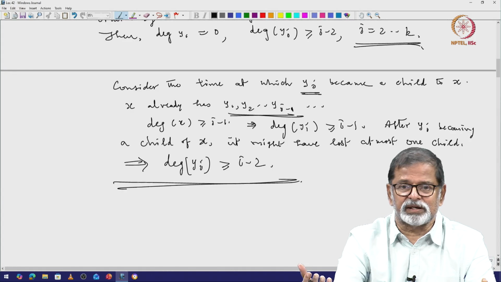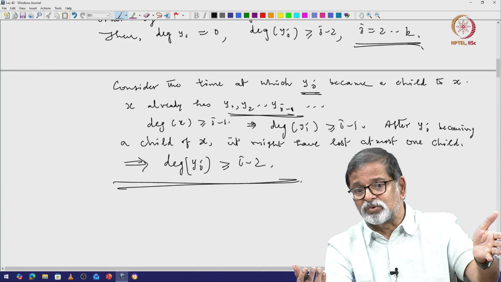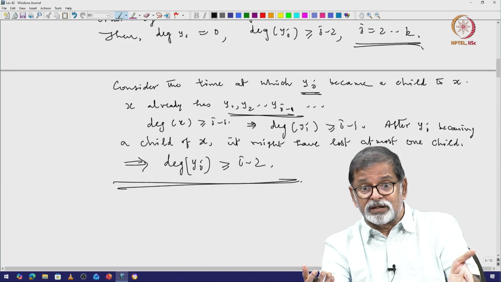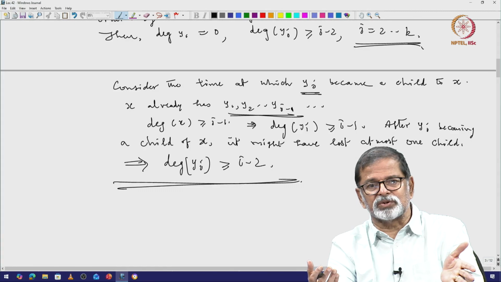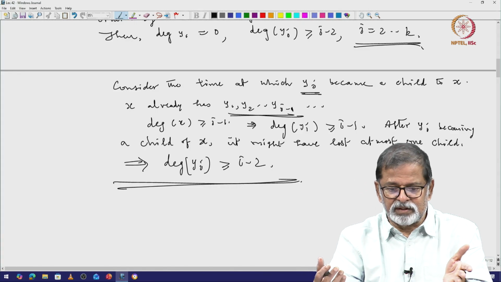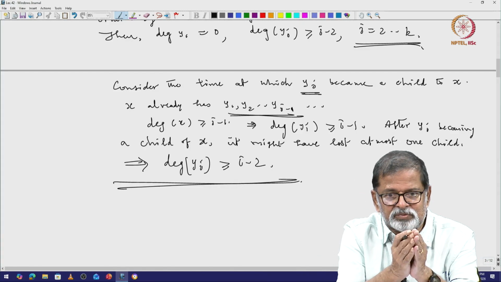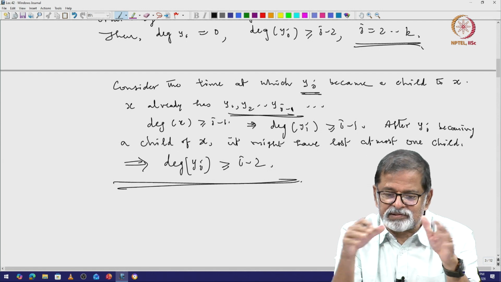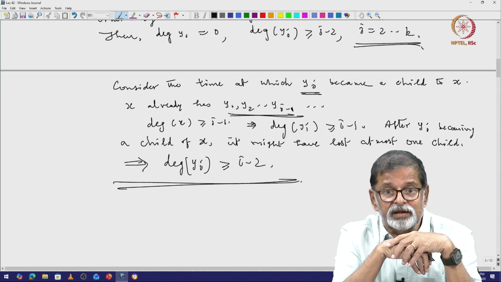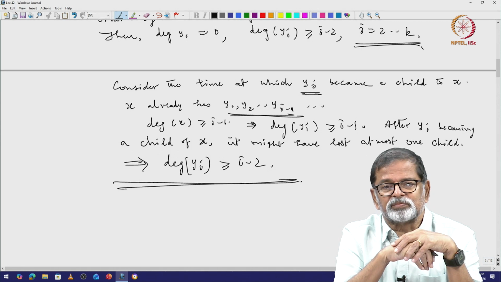Before that there is no child. That means degree of x is 0, and y1 has become a child means y1 also should have degree 0. Therefore, degree of y1 is 0 and degree of yi is greater than or equal to i minus 2.